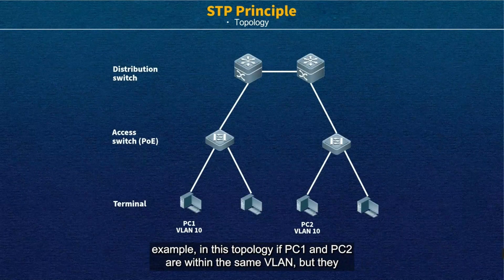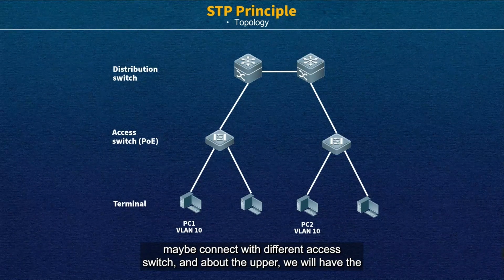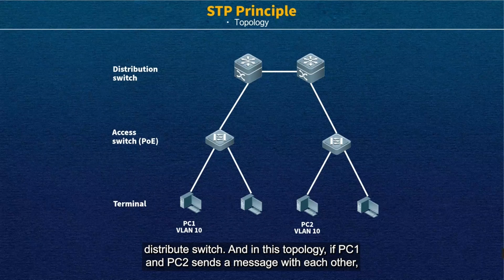For example, in this topology, PC1 and PC2 are within the same VLAN, but they may connect to different access switches. Above them, we have the distribution switch.